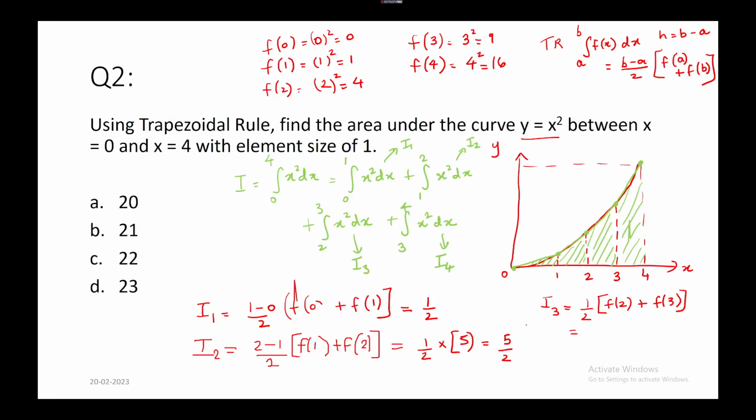So this will be f of 2 is 4, 4 plus 9, 13, 13 by 2.